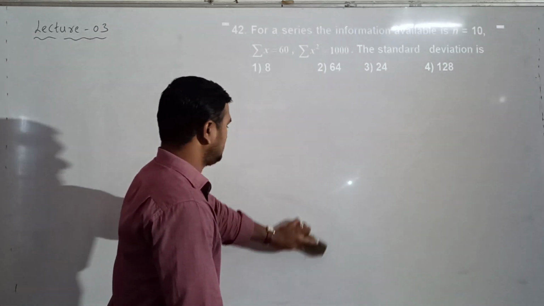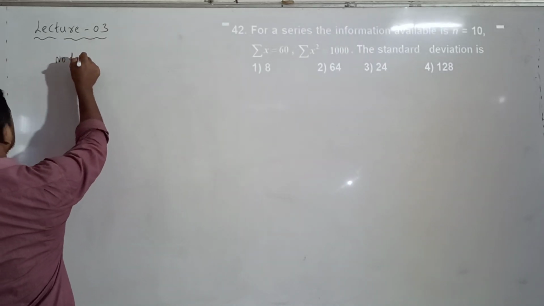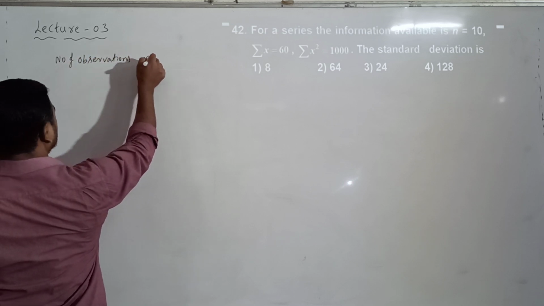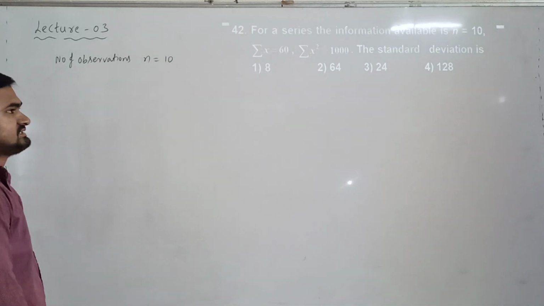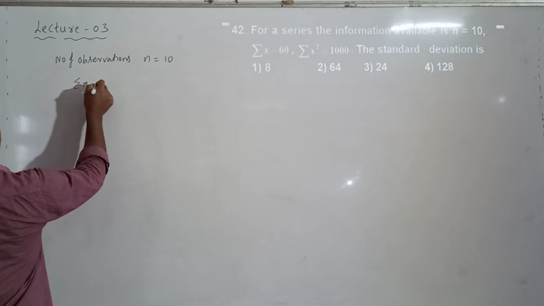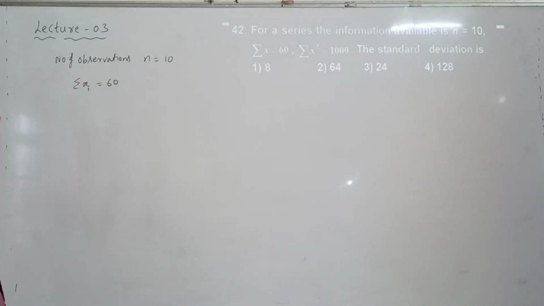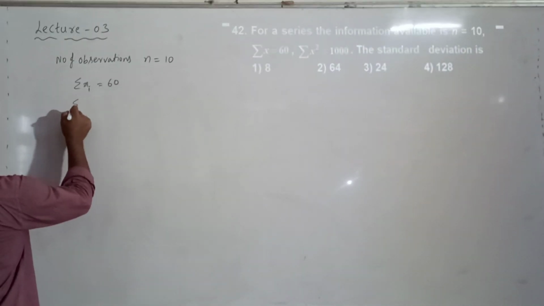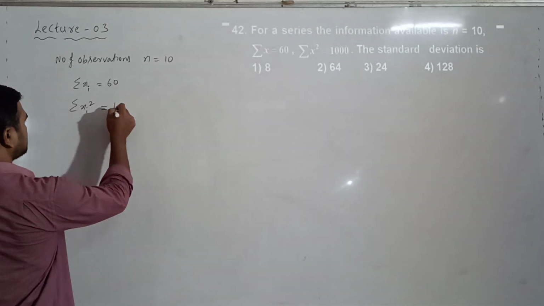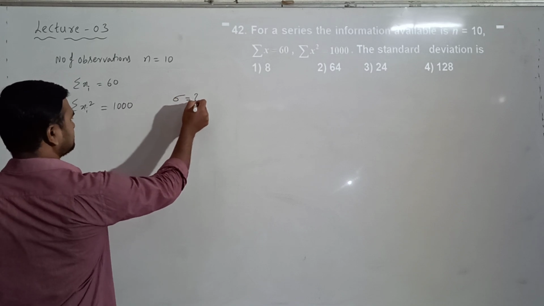So in some series, the number of observations n is given, 10. And sigma x, the sum of observations, is given 60. You can take sigma xi is 60, and sigma xi square, the sum of squares of observations, is given 1000.